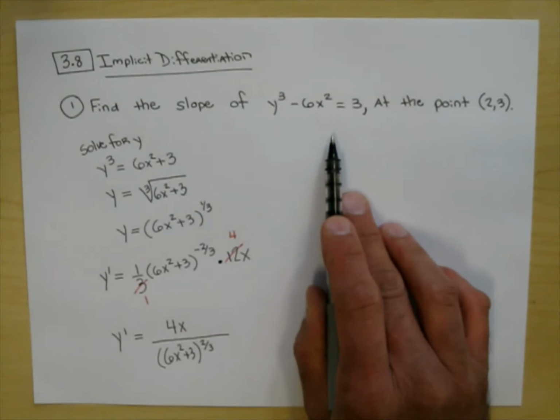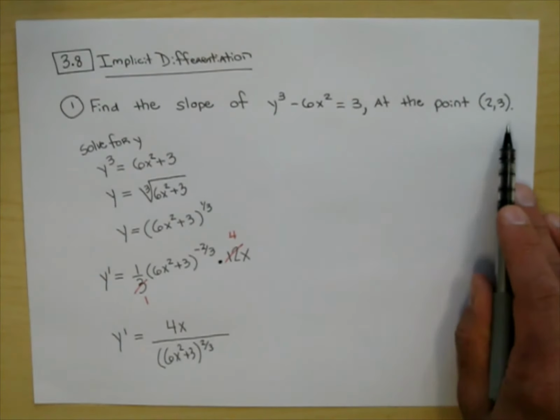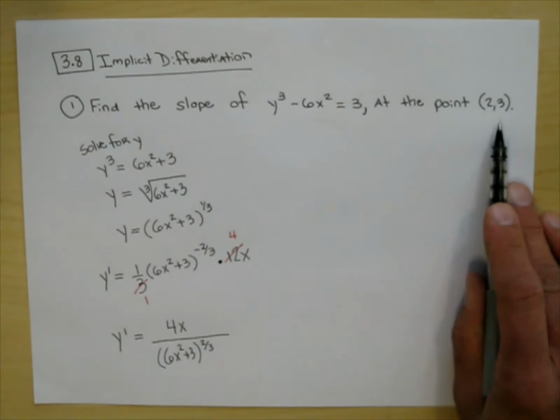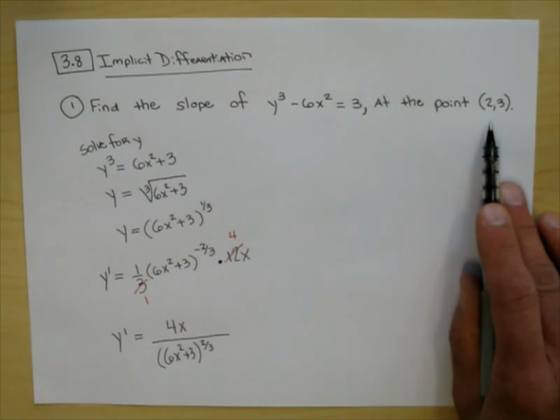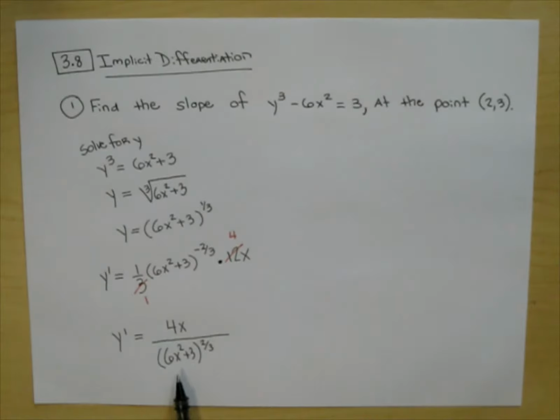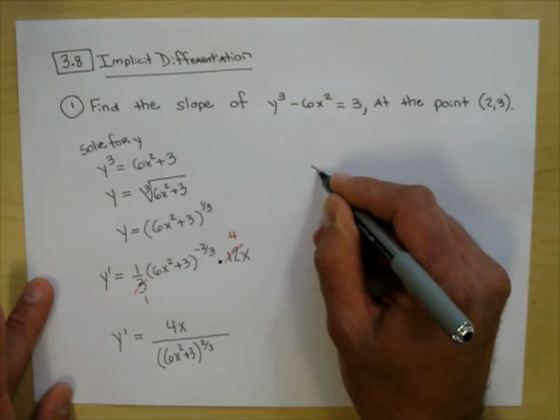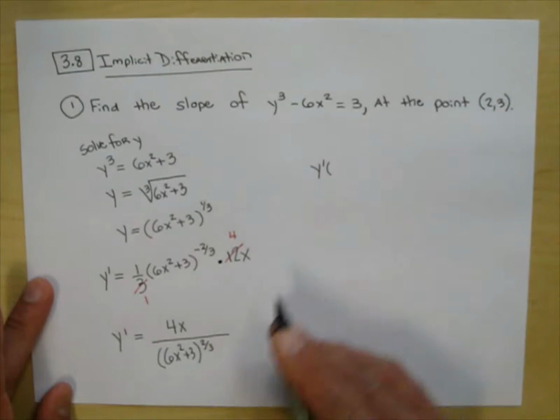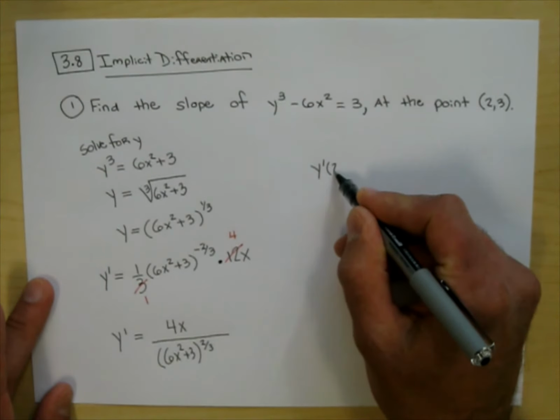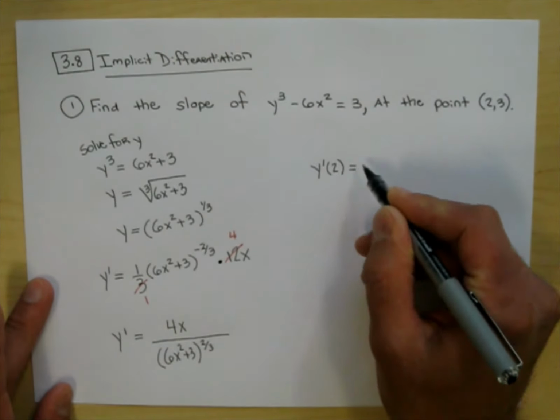Okay, so let's go ahead and find the slope at the point (2, 3). What number are we going to stick into that slope function? Well, we're going to stick the 2 in there because there are x's there. One of the ways I've been doing this is using the notation y prime of 2, because it really is a function of x.